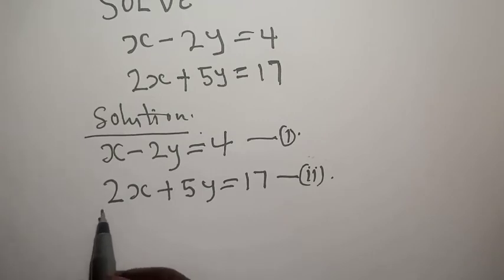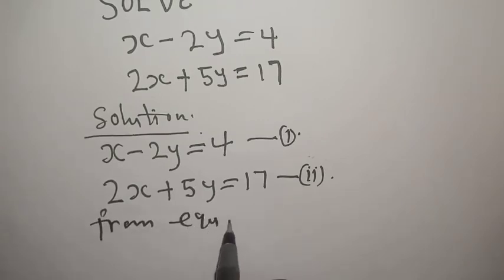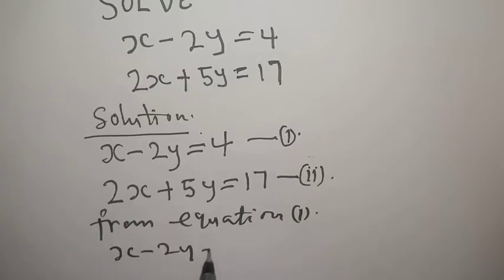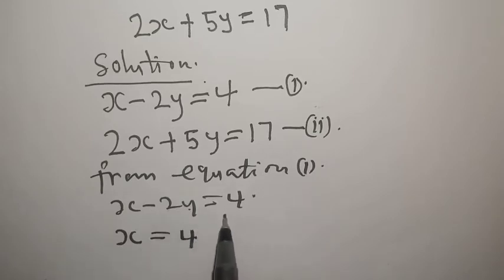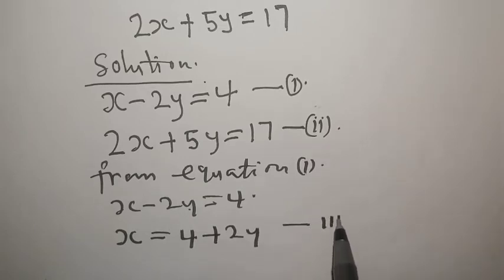Then from equation 1, we have x minus 2y is equal to 4. In order to make x the subject of the formula, x will be equal to 4. The minus 2y crosses to the other side and becomes plus 2y. Let's call this equation 3.